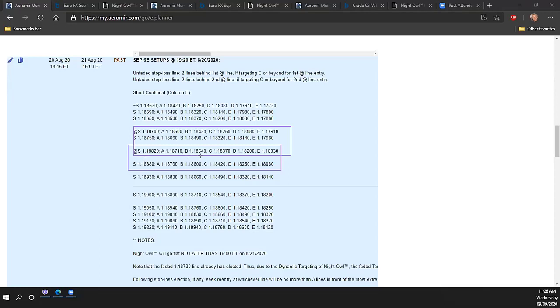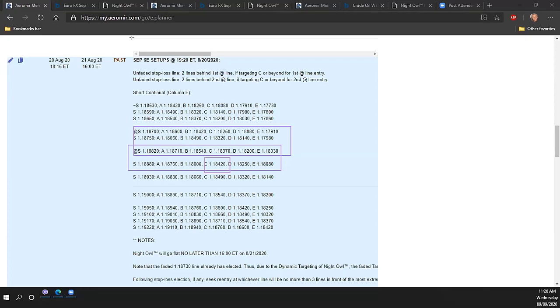So the target we would have sought in Night Owl would have been a 2-tick fade on 1842, which is 1844. So on this trade, I had 2 entries, one at 1868, the first at line, one at 1880, the second at line, and I'm taking all but 1 contract off at target Charlie, 1844, and I'm trailing a stop on that remaining contract.